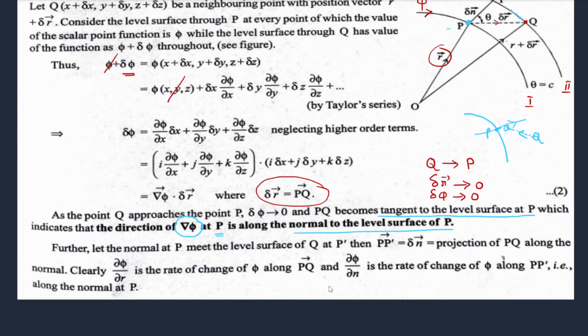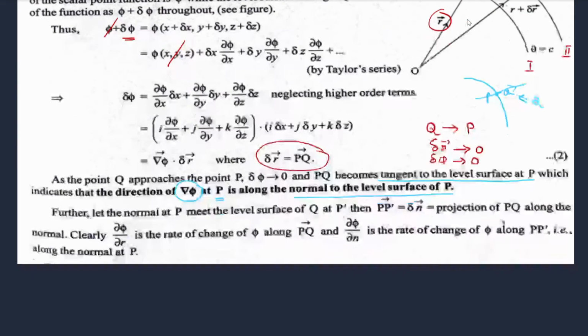So if the question asks what is the direction of gradient of φ, we write: the direction of gradient φ is along the normal to the level surface at the point P.